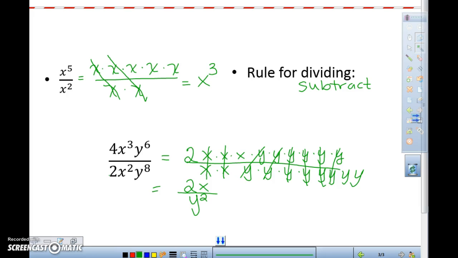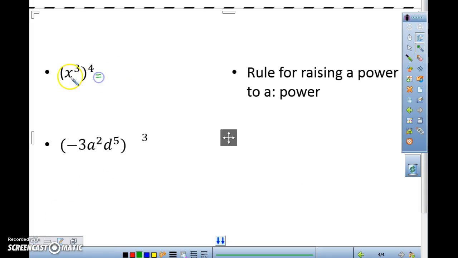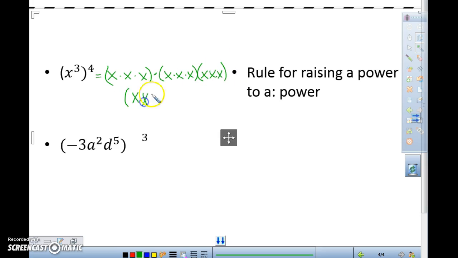Okay, hold on. If you use the rule, remember, I could write this out. I have x cubed, and I have to write that down 4 times. So there's 2, there's 3, I'm running out of room. There's 4.